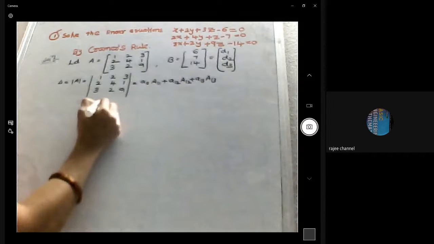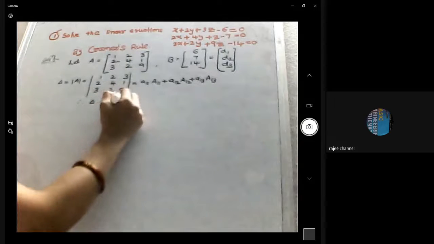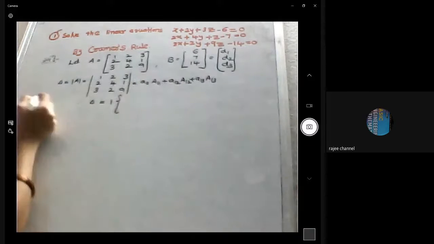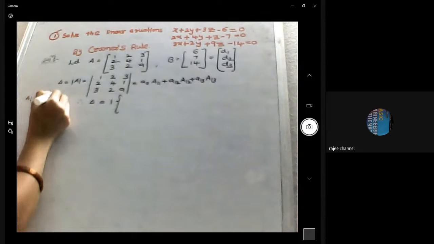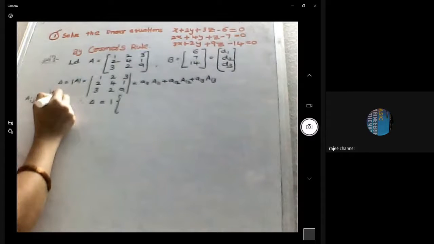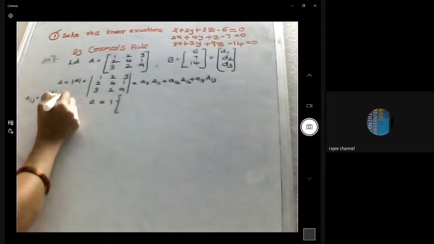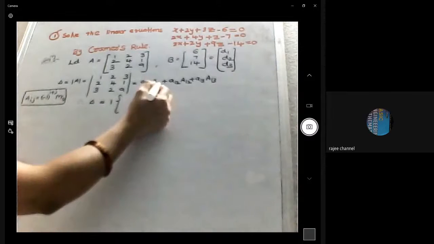Therefore, delta equals a11, which is 1, times capital A11. The formula for Aij equals minus 1 to the power of i plus j into capital Mij, where Mij is the minor value of aij.